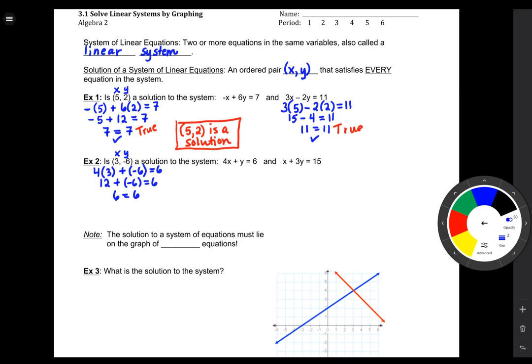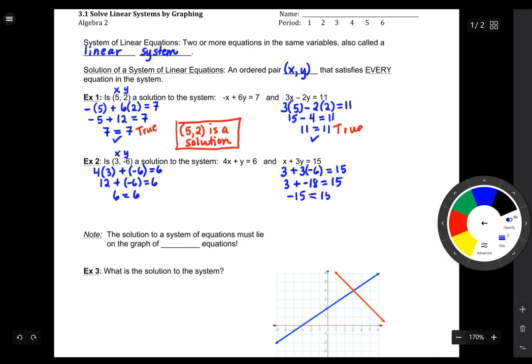Okay, in the second equation, x is 3, y is negative 6. Be really careful. You can't get careless at this point, and you can't multiply 3 times 3 first. You have to do 3 times negative 6 first. And then you can't get careless and drop the sign. 3 plus negative 18 is negative 15.